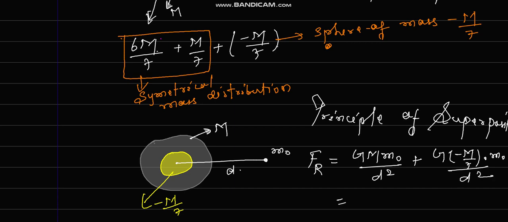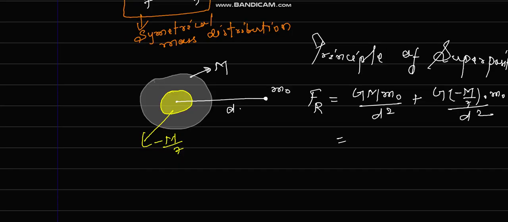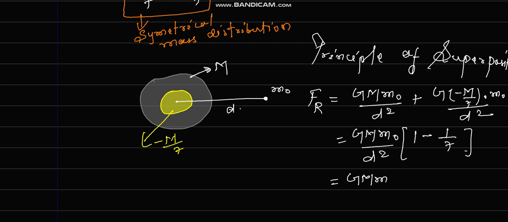Now just take the common, G m naught upon D square is common, and we are left with 1 minus 1 upon 7. So this will become G M m naught upon D square into 6 by 7.